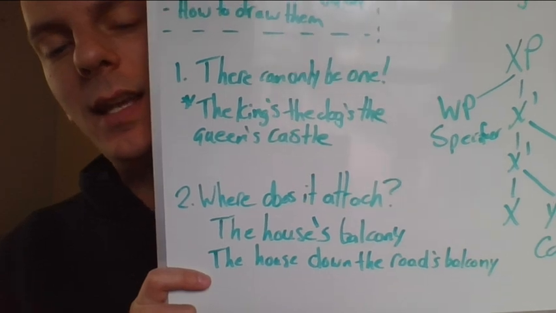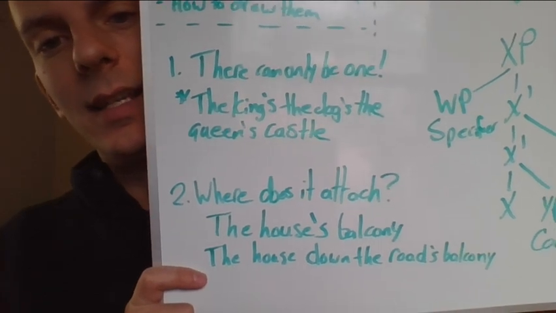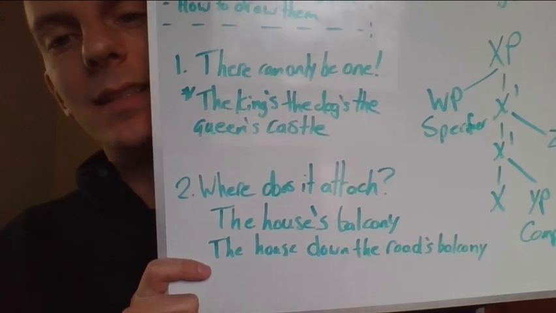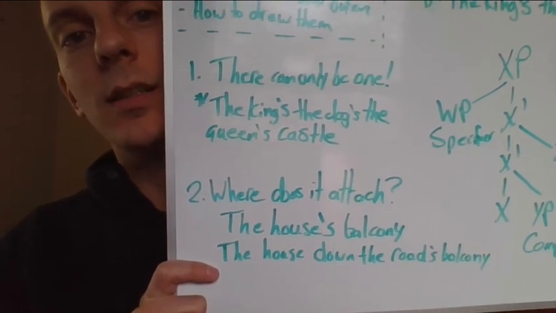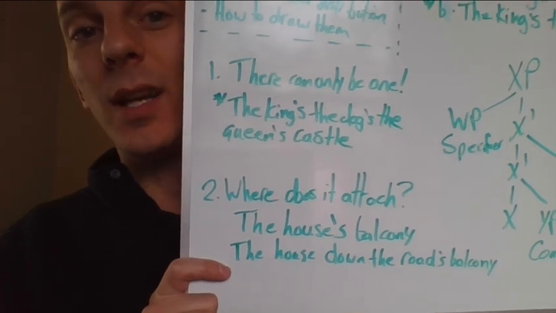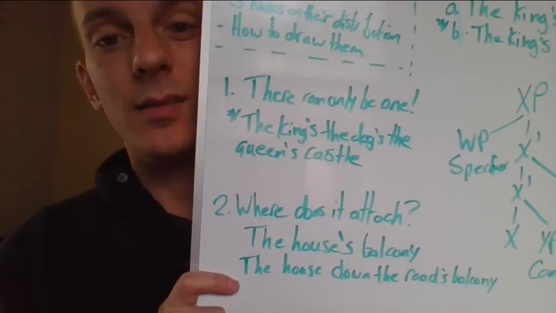Instead, what we see is that it looks like this whole apostrophe S thing is coming after the whole possessor phrase. It seems to be in tune with phrasal boundaries, right? If I draw in some phrase boundaries for a DP, we see that it's the house's balcony, and we see that it's the house down the road's balcony.